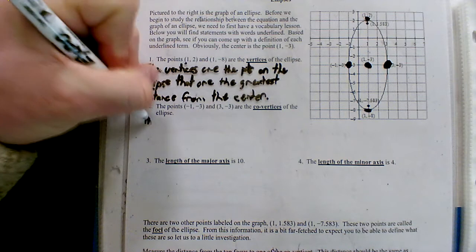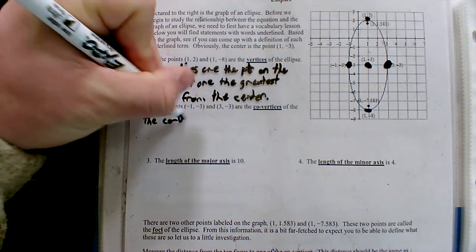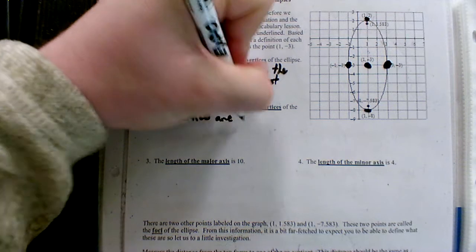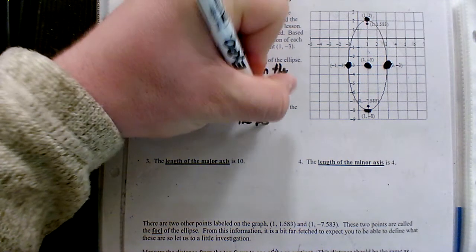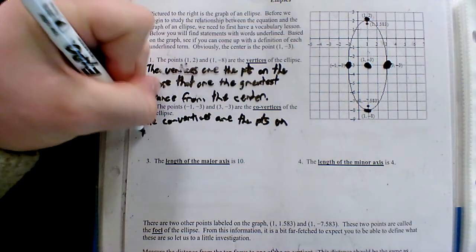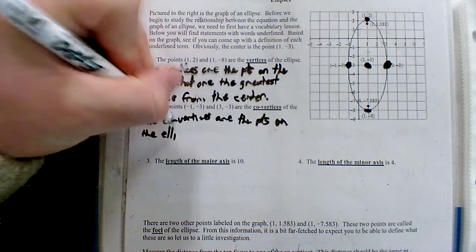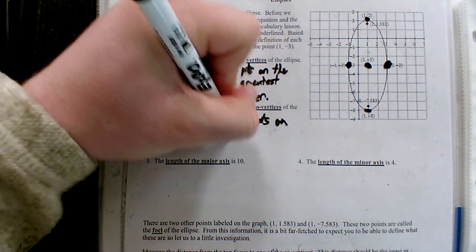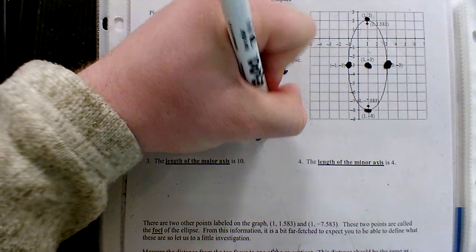So the co-vertices are the points on the ellipse that are the closest to the center.